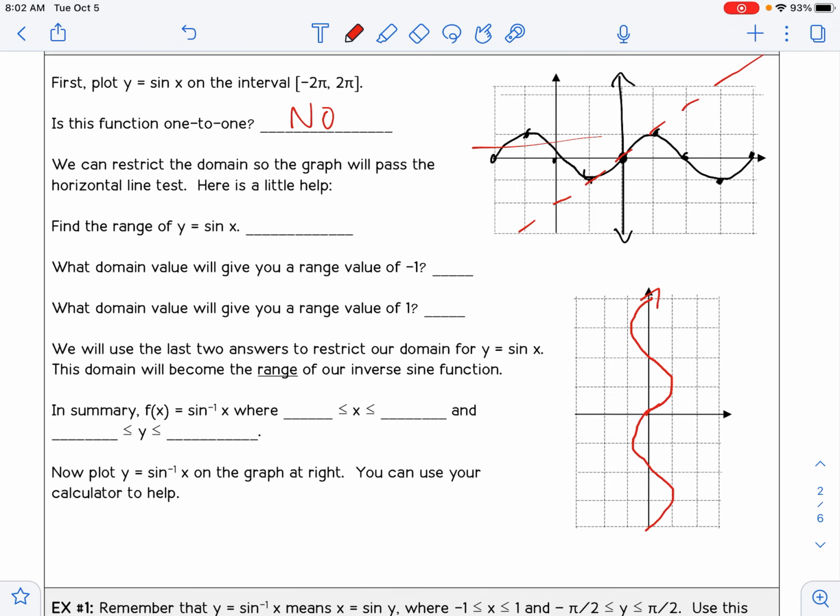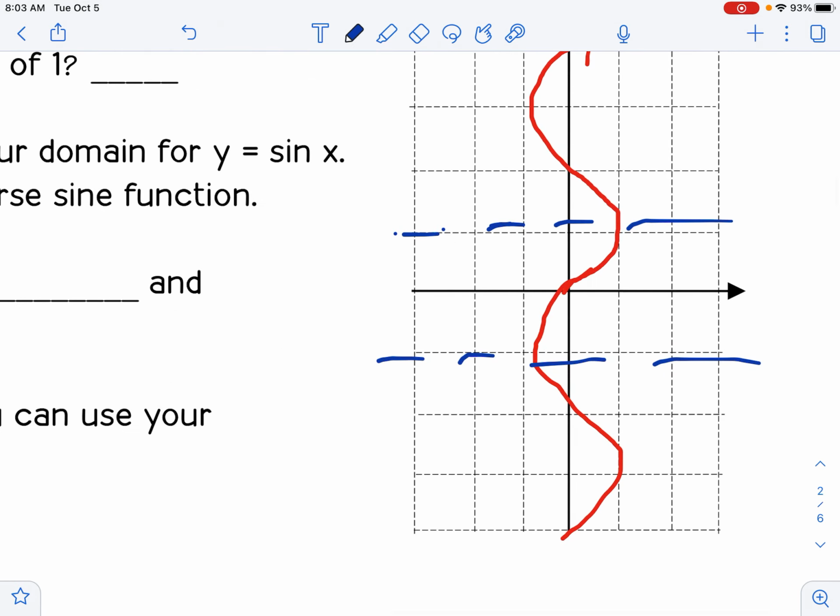So what we do to get it to pass the vertical line test is we restrict the domain to just this region. If I zoom in on this region and only focus on this, that would be my inverse graph of sine. I'm ignoring this piece and this piece.